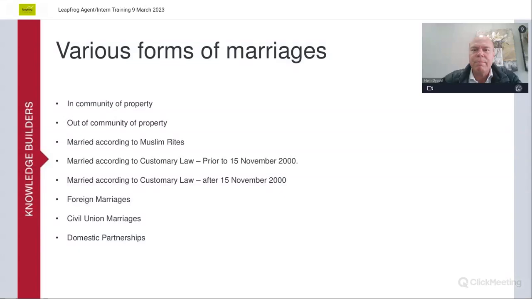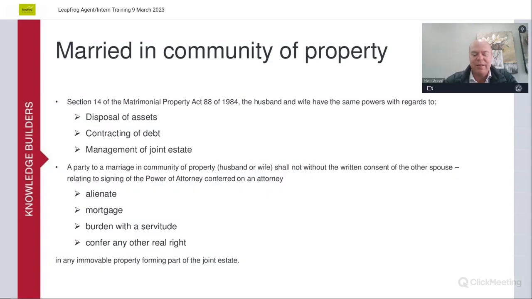So the civil union marriages are marriages which are predominantly same-sex marriages. And then we've got the common law marriages, or the domestic partnership relationships, and we'll have a look at what the rules and regulations are with regards to that.